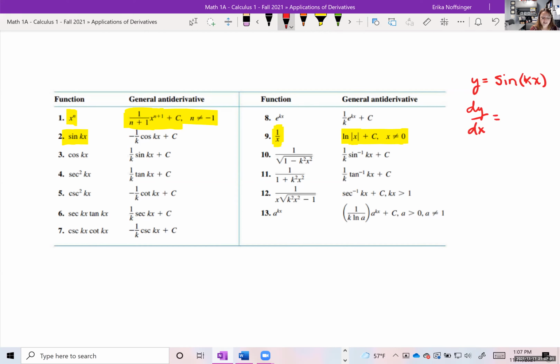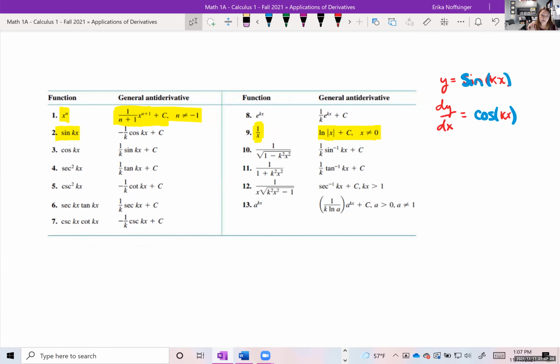Remember, we were looking at the chain rule where we had to take the derivative of the outer. The outer was this sine. The derivative of sine was cosine, right, of the inner, kx. But then we had to multiply by the derivative of the inner. And the derivative of kx is just k.